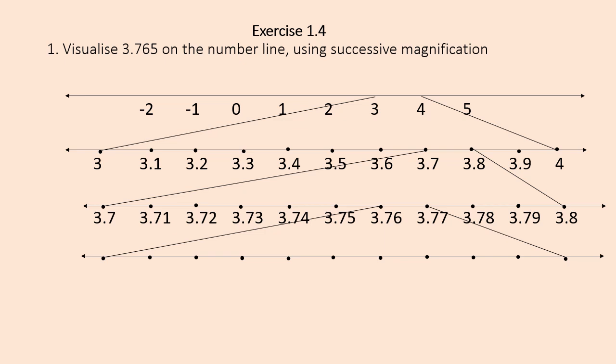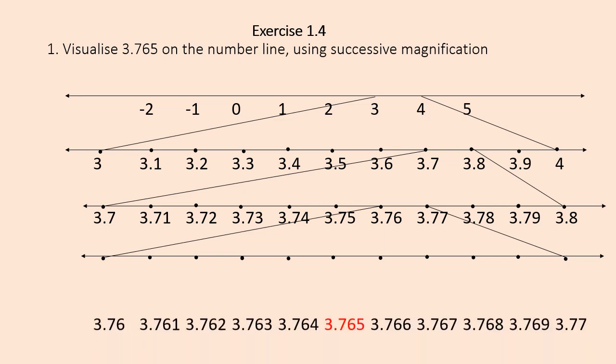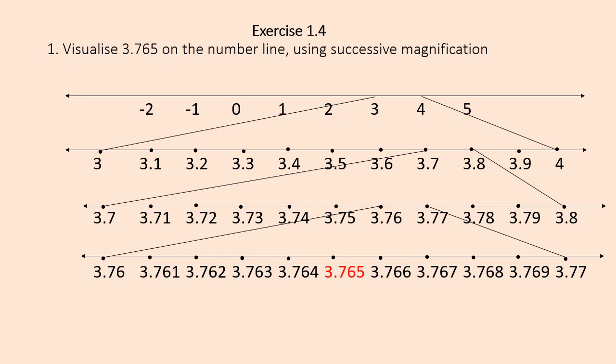And that part you have to divide into 10 equal parts. So you have to number them 3.76, 3.761, 3.762, etc., 3.77. Now the required number is 3.765 that you have to mark on the number line. So every real number can be represented on the number line.